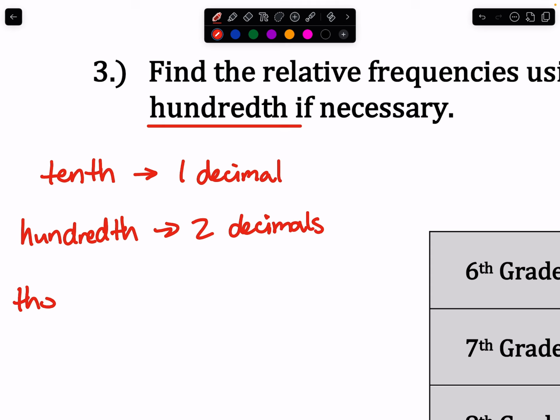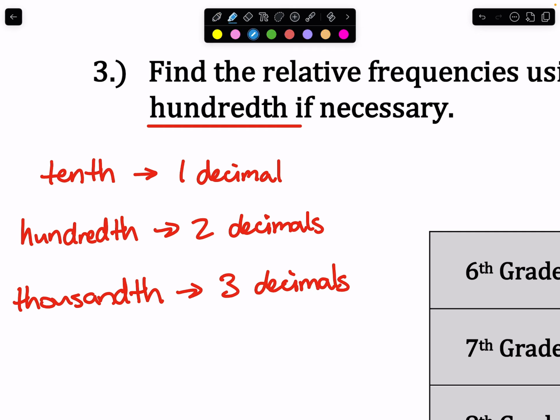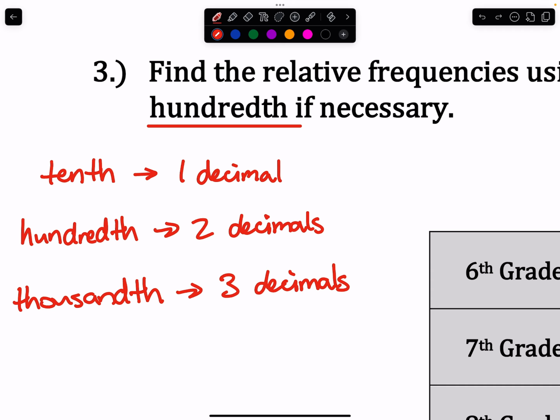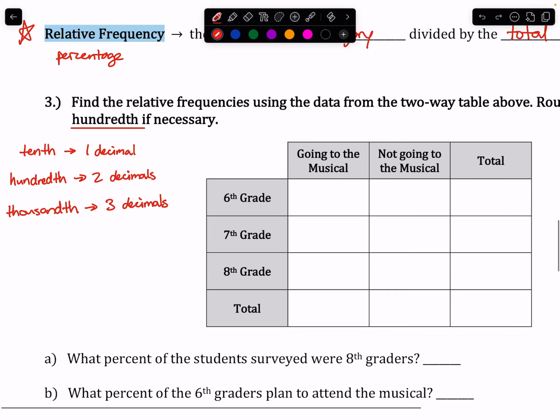And our 1000th place is 3 decimals. So in this case, it asks us for the 100th, which is 2 decimals. A lot of the times in our class, if we're using decimals, we will use the 10th. That one's pretty common for us. But in this particular case, because we're going to be dealing with percentages, it's helpful to use 2 decimals.